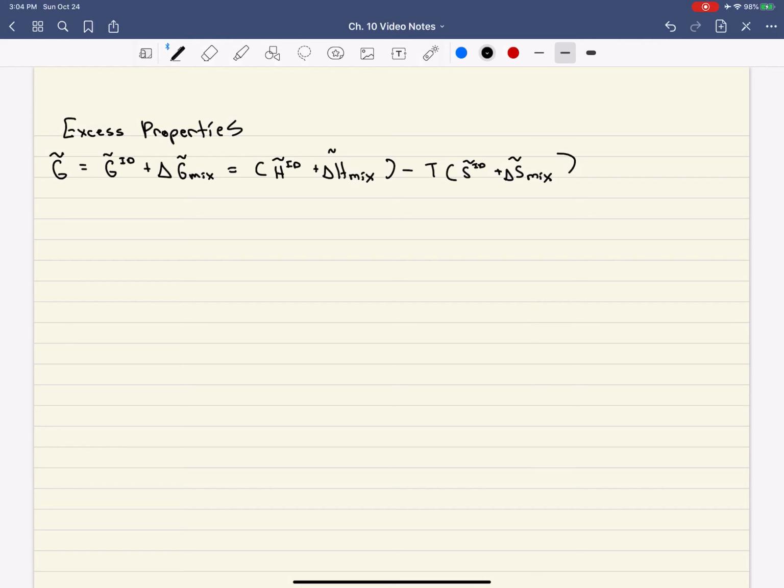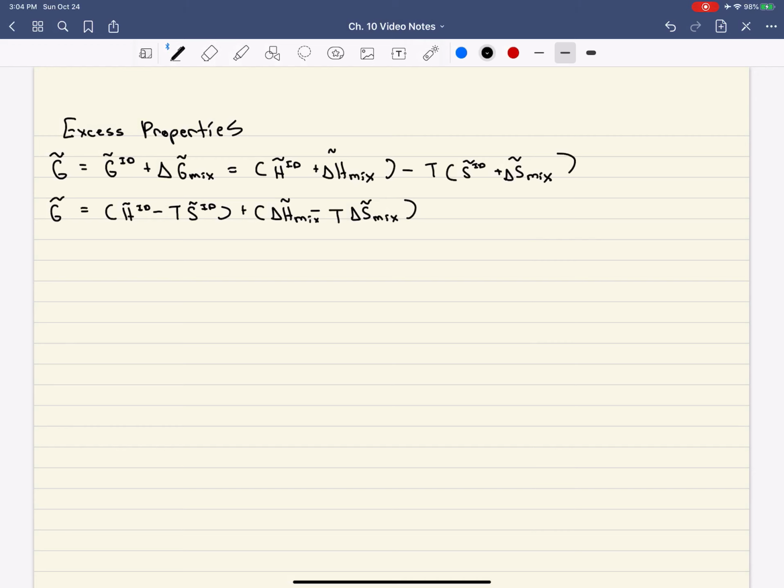Okay? And if we rearrange this a bit, we could write the equation like this, plus delta H mix minus T delta S mix.